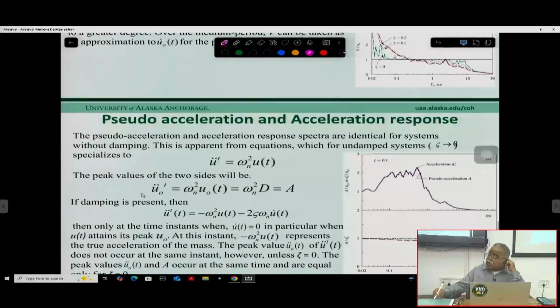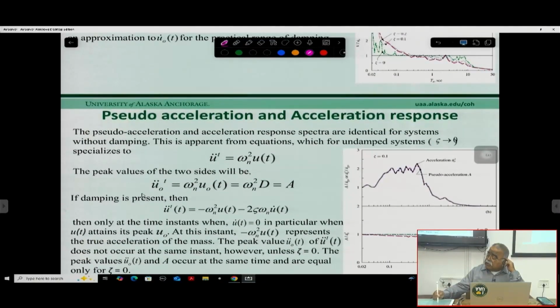Similarly, if your u double dot t, that means the building acceleration, equals omega n square into D, and this u0 t will be equal to the peak value of this one. So the peak value multiplied by omega n square will be equal to the acceleration spectrum, and that is your A values. If the damping is present, then u double dot t will involve the damping part.